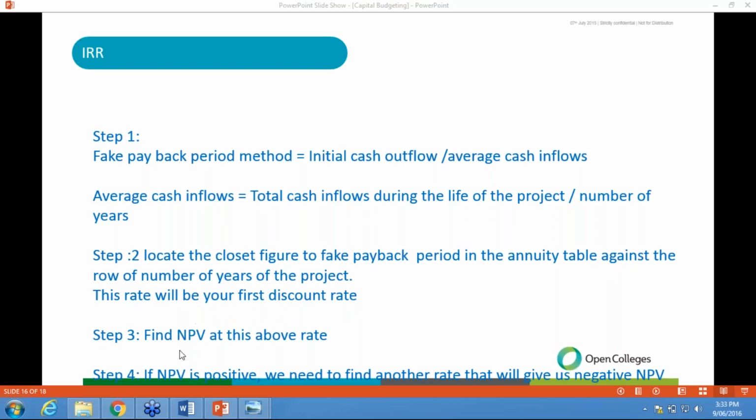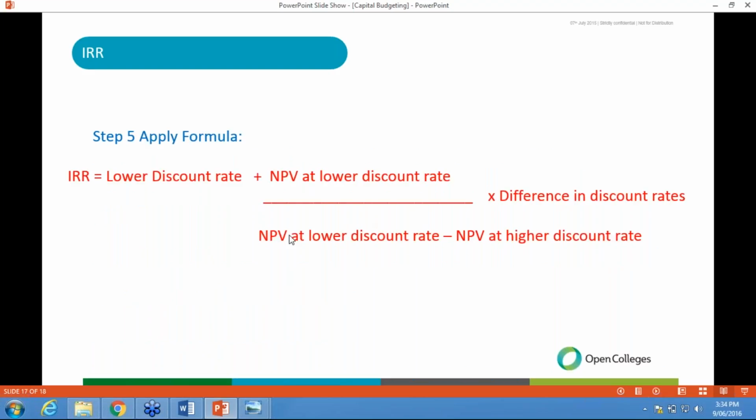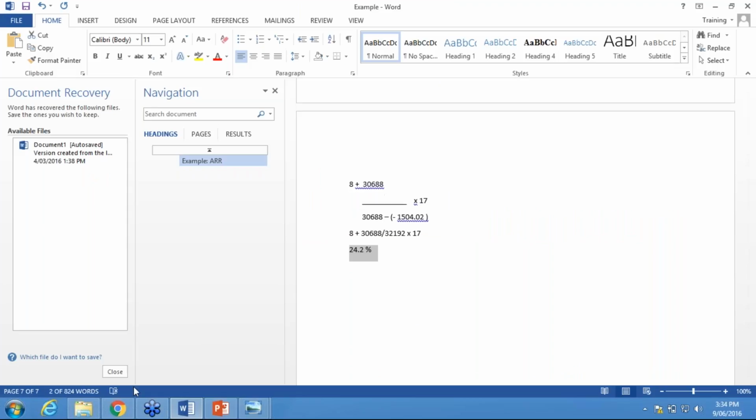If you have a positive NPV at this stage, you need another NPV with a negative result. And how can we do that? Just remember this line: if NPV is positive, you need to go higher to get a negative NPV, and vice versa. If your NPV is negative at this stage, you go for lower rates to get a positive NPV. And finally, at the end, you need to apply this formula. So this is how I have calculated the manual calculation of IRR, NPV, payback period method. Any questions so far?